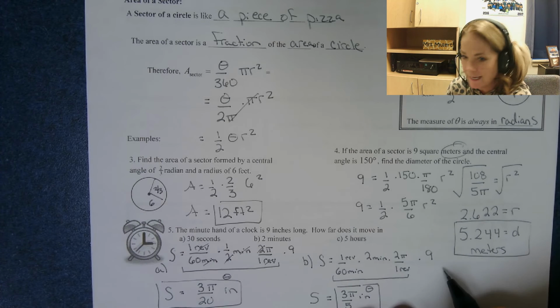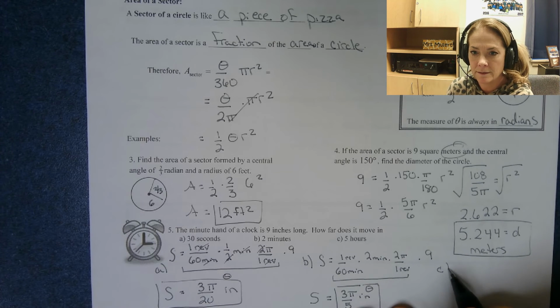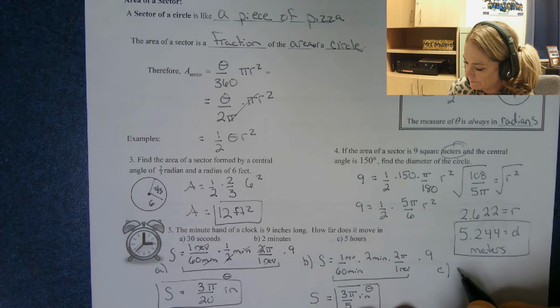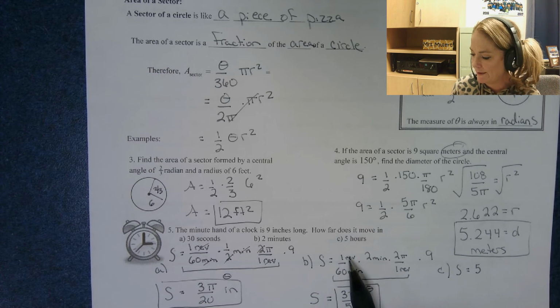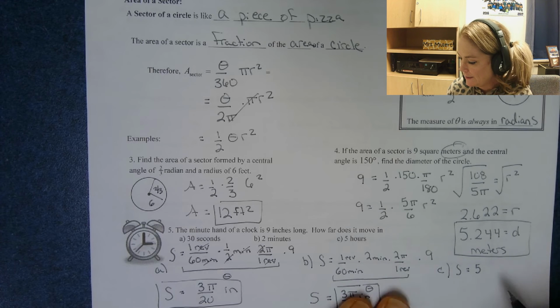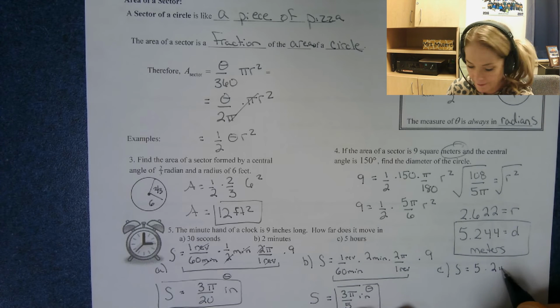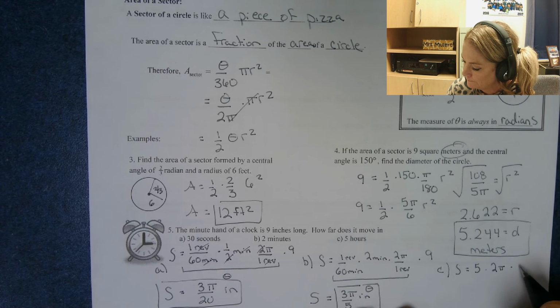Okay, and then the last one, C, we'll squish it down here. So we can kind of see what's going on here. So 5 hours, that's going to be 5 revolutions. It's going to be multiplied by our 2 pi, and then our radius.